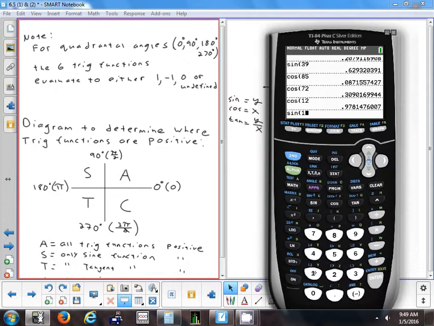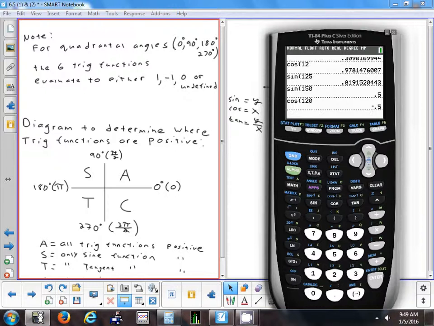Let's try like sine of 125, positive. Sine of 150, positive. Okay, sines are the only ones that come out positive in quadrant 2. Any other angle, try cosine 120, it's negative. Okay, so in quadrant 2, the only trig functions that come out positive are your sines. In quadrant 3, tangent is the only one that comes out positive. So if you name any angle in your head between 180 and 270 and take the tangent of it, I guarantee you it's positive.